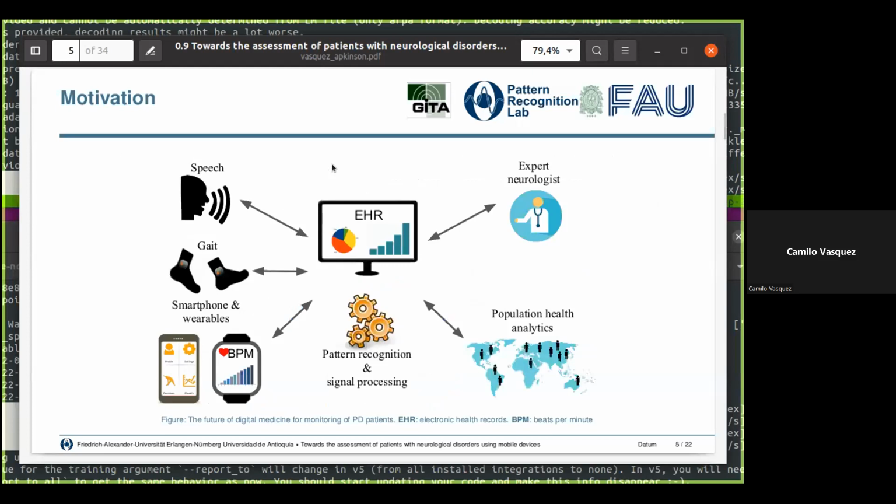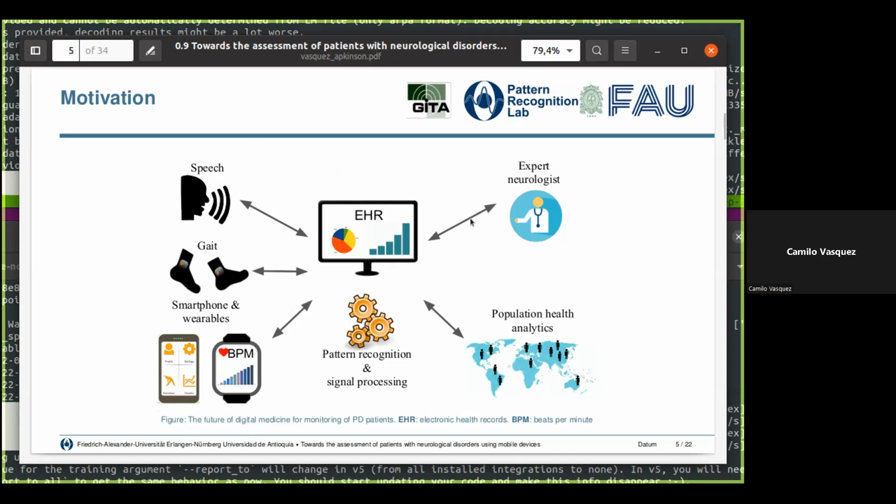But the global vision that we have about the future of digital medicine for monitoring Parkinson's disease patients is, on the one side, to have data collected from patients, either speech, gait, or movement data, using smartphones and a smartwatch.